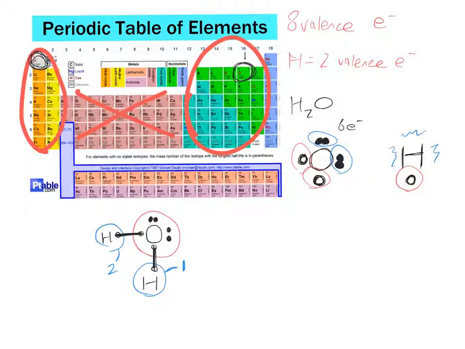So now we should evaluate the correctness of our Lewis structure. First, we need to see if the total number of electrons shown equals the sum of the valence electrons in each of our starting atoms. Now, oxygen had 6 electrons to contribute, and each hydrogen only had 1 electron to contribute. So the sum of our constituent elements' electrons is 8. Are there no more or no less than 8 electrons shown in our Lewis structure? Well, let's count.